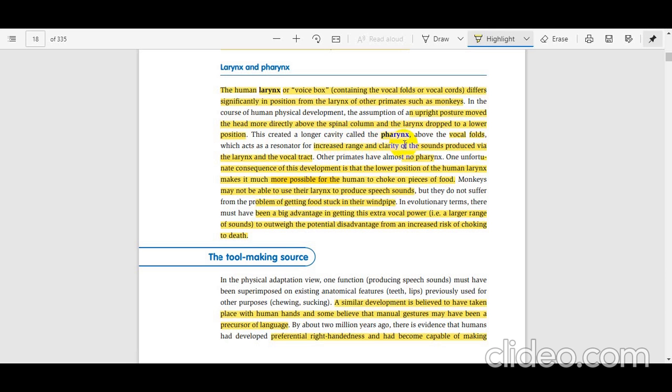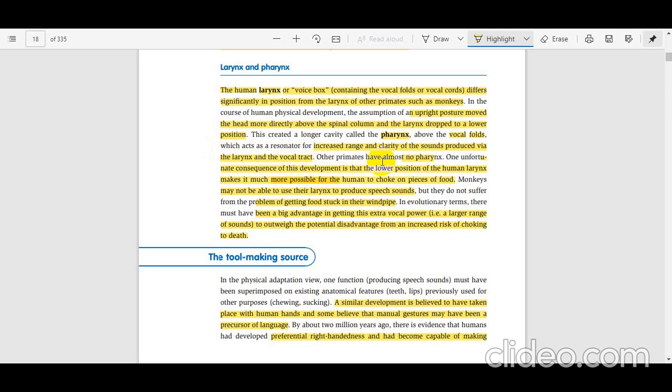The sounds produced by humans are clearer than those produced by monkeys or other species, like the apes, as we talked about, of sounds produced via the larynx and the vocal tract. These features enable humans to produce clearer and more understandable sounds than those created by others.